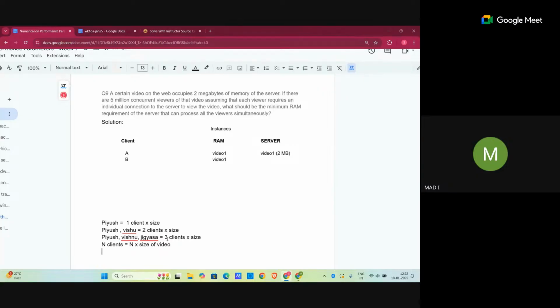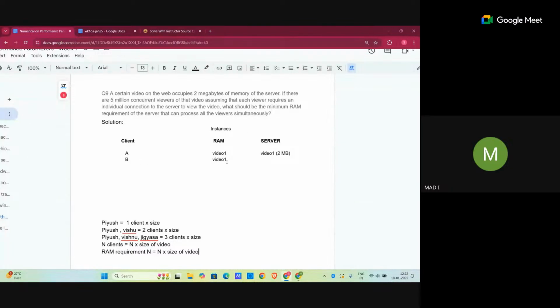So my RAM requirement for n clients will be equal to n into size of the video. Why? Because for n clients, n instances will be created, right? So what will be the RAM requirement?